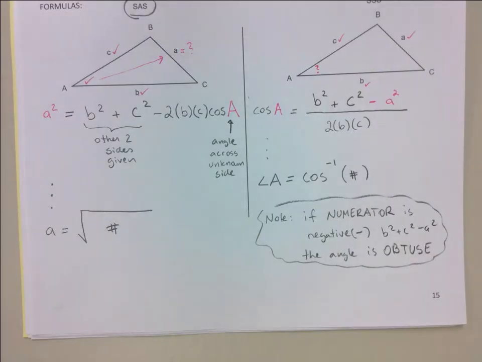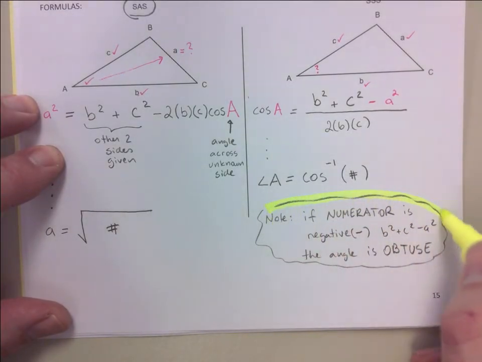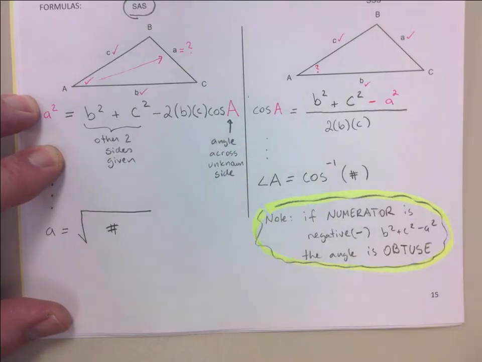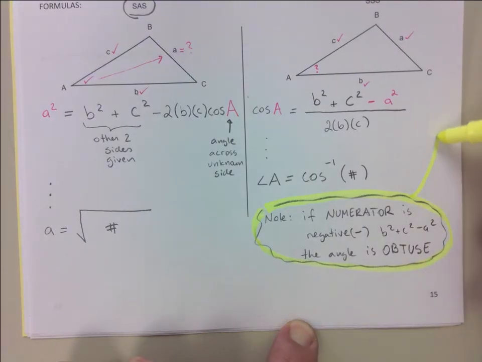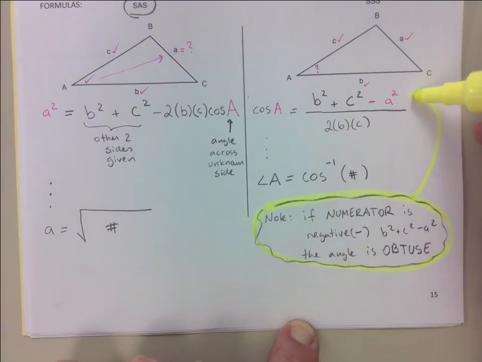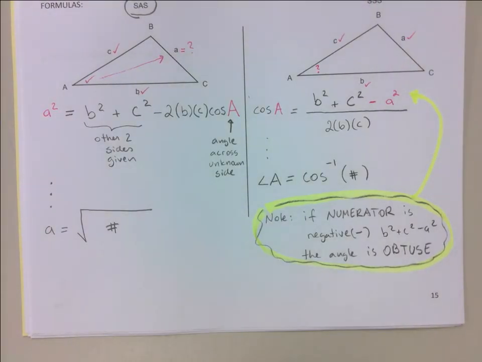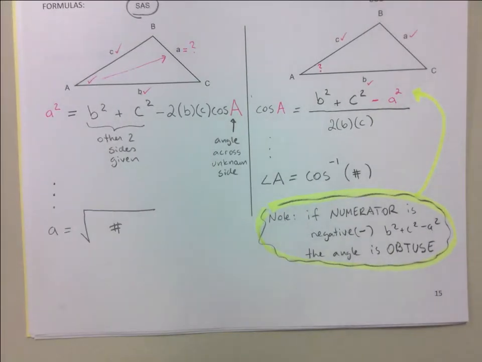I'm going to highlight this whole thing, and I'll make an arrow to that top part. I'll say more about that later. This is all you need to know for now.